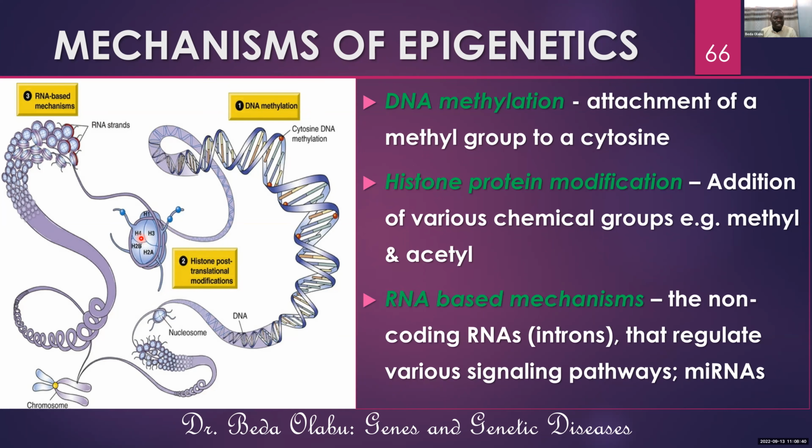Last but not least, there are some mechanisms of epigenetics that revolve around the RNA, now not the DNA, but the RNA. Those RNA strands which are usually formed from the DNA, some of them have some alterations.